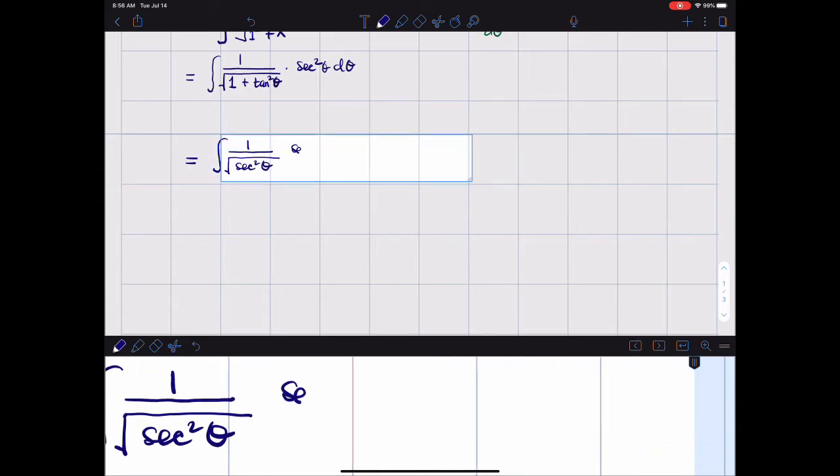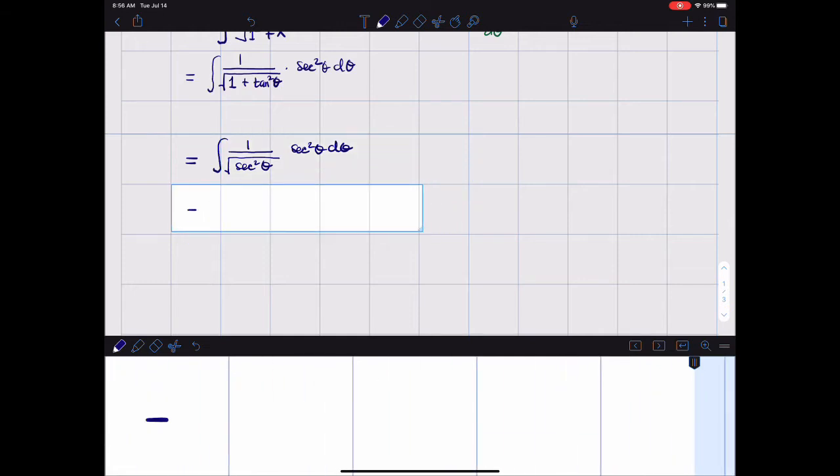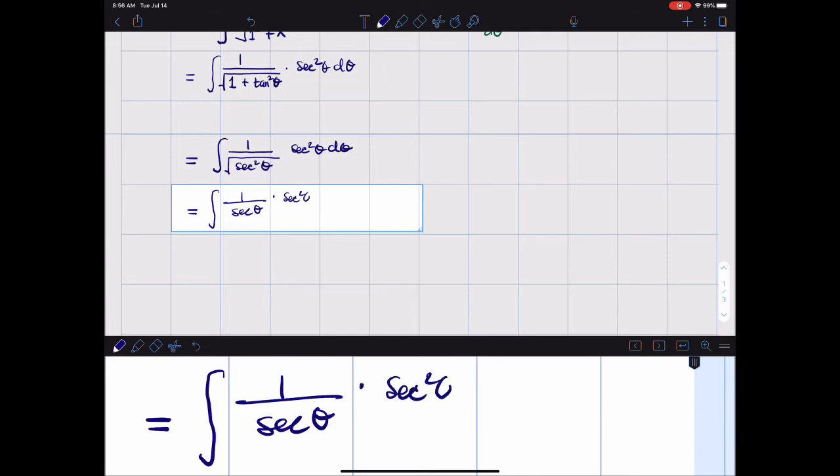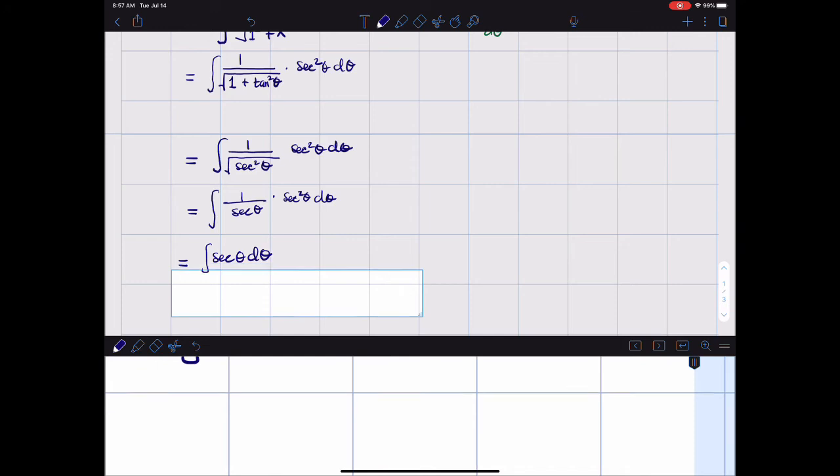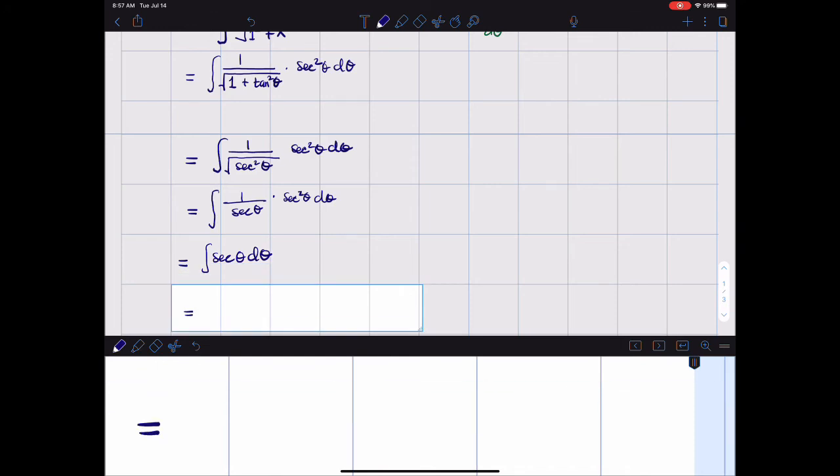And then you have secant squared theta d theta. So this becomes integral. The square root of secant squared theta is secant of theta. So you have secant theta times secant squared theta d theta. If you simplify, you just end up with secant theta d theta. Okay.